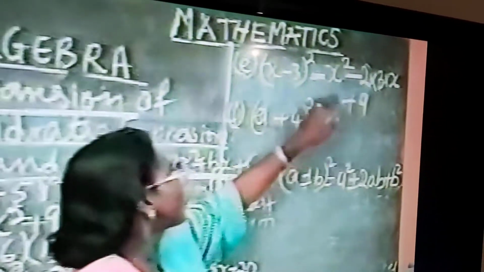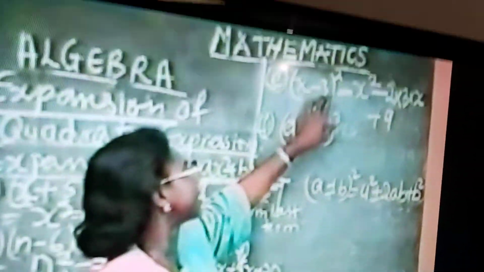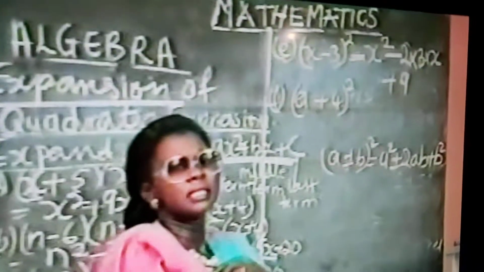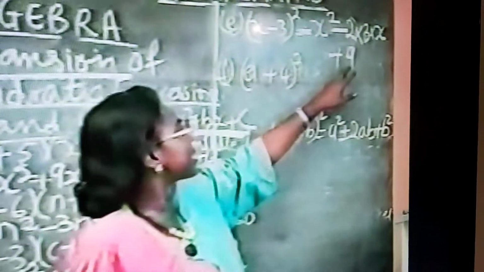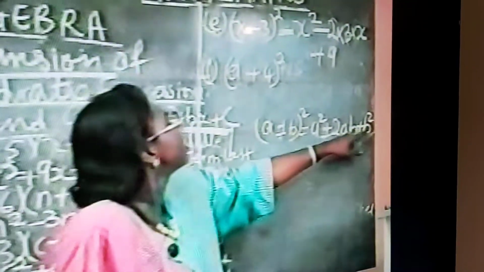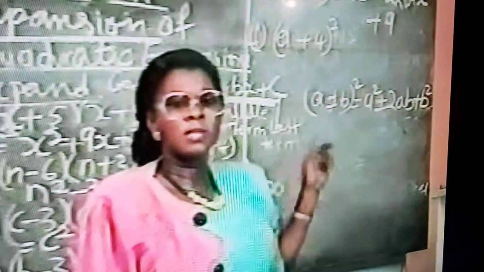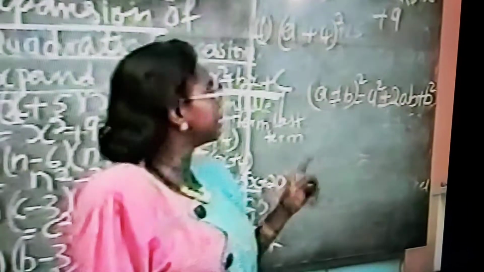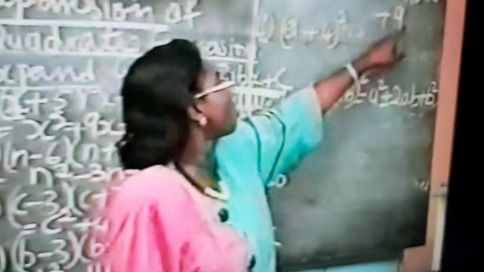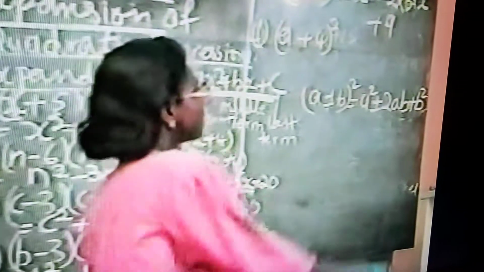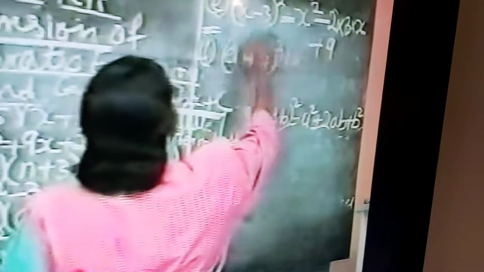Note that whether this is minus 3 or plus 3, when you square a term, it is still going to be positive. So minus 3 in bracket square is still plus. So your squared terms are always positive. The only thing that takes minus or plus is just the middle term. So if you look at this, this is going to give us what?